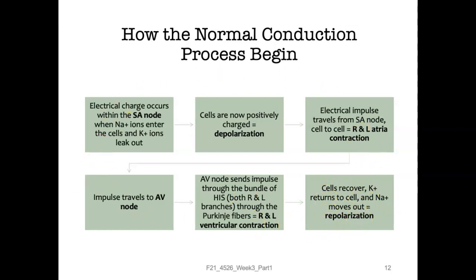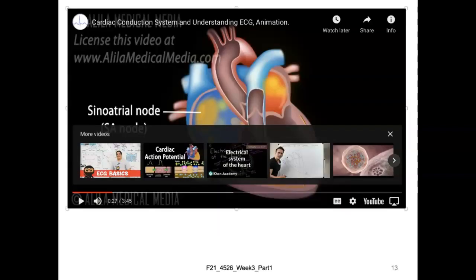This will all make sense when we start looking at our rhythm strips. So it's really important that you understand this normal conduction. I'm going to give you an overview, I just have to start at the beginning, in a video that shows you the conduction system as well.